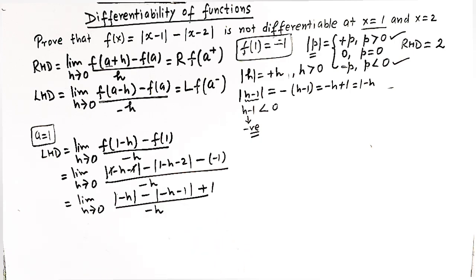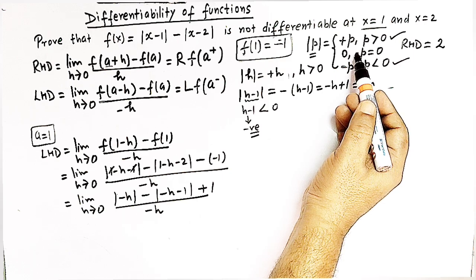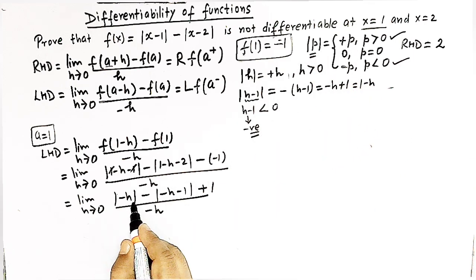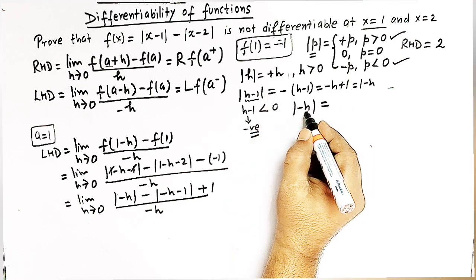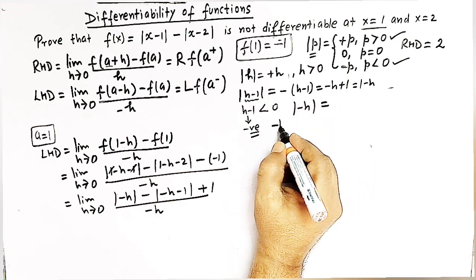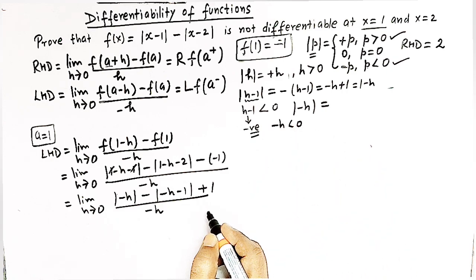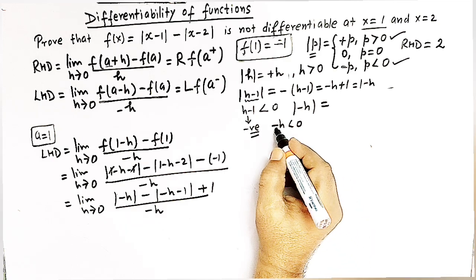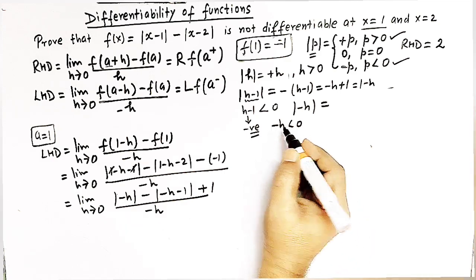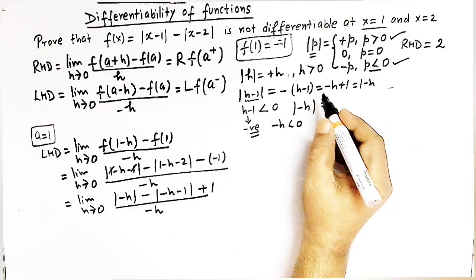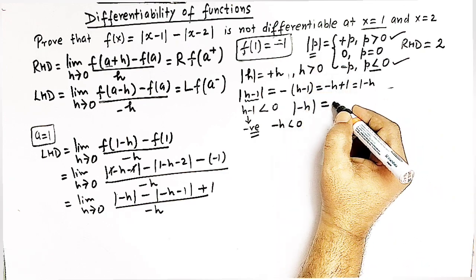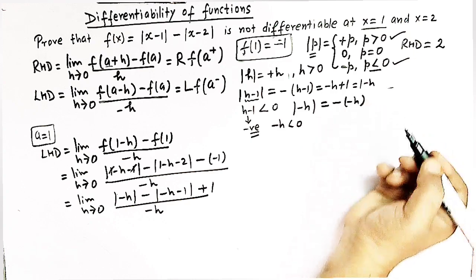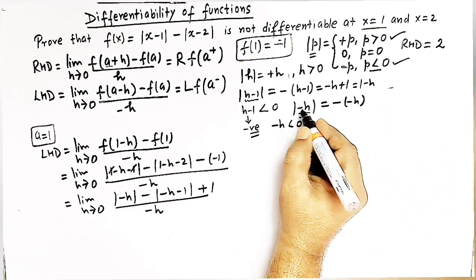So now let us once again make use of this definition of mod function. Now see, here we have a mod of minus h. Now h is a positive quantity, so negative h is less than 0, right? Because h is a positive quantity, right? And minus h is less than 0, that is minus h is negative. So due to this definition, mod of p is equal to negative p. So mod of minus h is equal to minus, and here we have minus h because p is minus h.